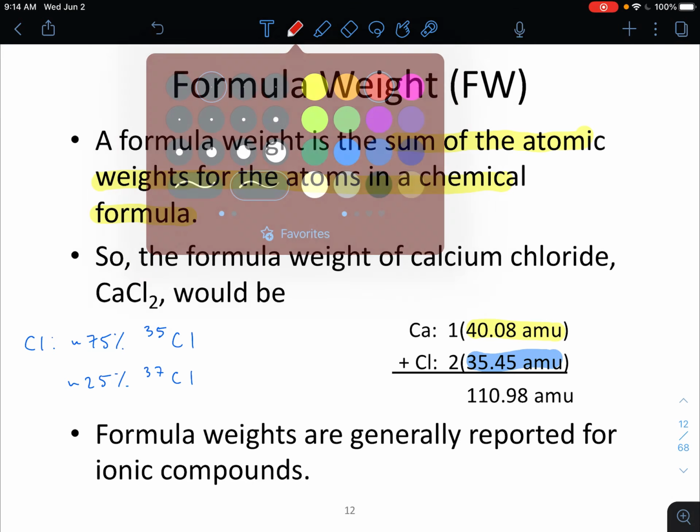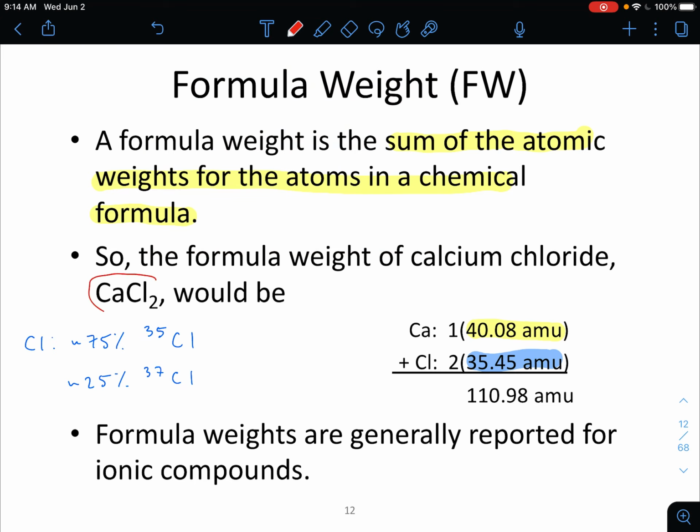All right, so in this example, we're trying to figure out the formula weight for calcium chloride, CaCl2. Pretty straightforward, right? There's 1 calcium, so I add together the average weight of 1 calcium atom, and there's 2 chlorine, so I multiply the average weight of chlorine by 2, just combine those together, and we get 110.98 AMU.